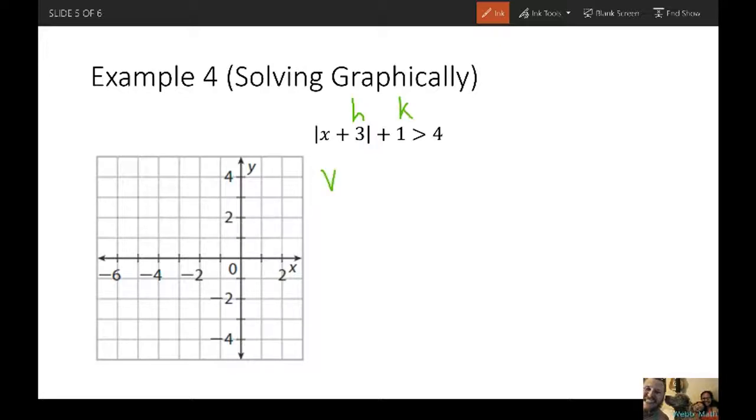So my vertex in this situation is at negative 3. Remember, it's the opposite of whatever h is, comma k, which is 1. Okay. a happens to be 1, so up 1 over 1. So negative 3, comma 1, and then up 1 over 1. Up 1 over 1, up 1 over 1, up 1 over 1. Draw your a's. Boom, boom.